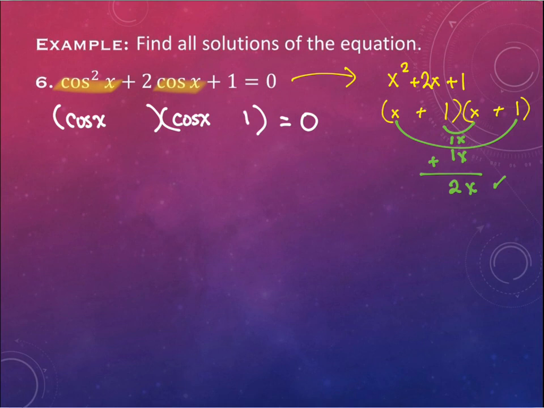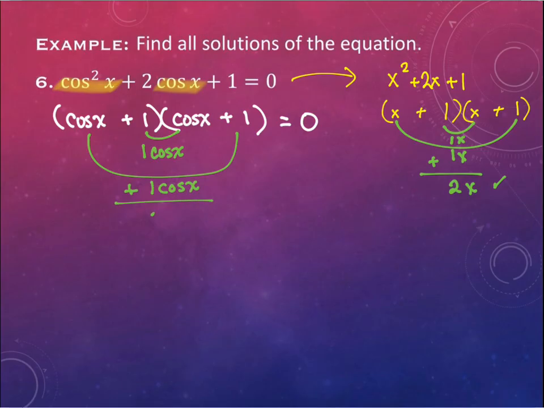I have to have a 1 and a 1, otherwise I won't multiply and get a 1. The sign at the end is positive, which means my signs have to match. The sign in the middle is positive, which means they're both positive. If I check the inner and outer terms, this is 1 cosine x and 1 cosine x, and what happens when I add them? 2 cosine x, which is what I want.